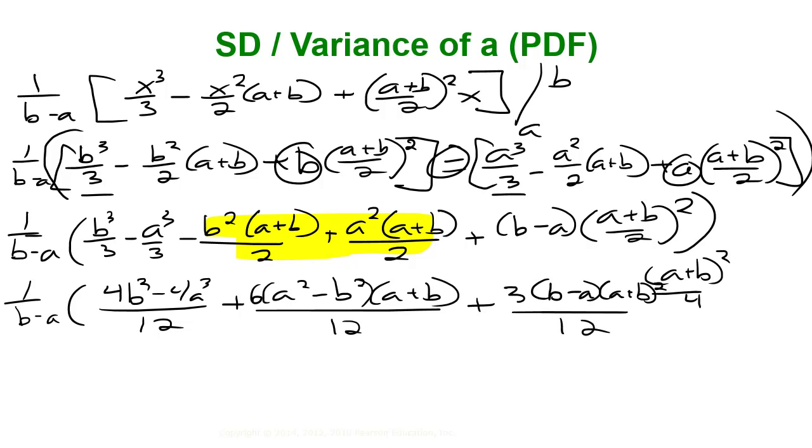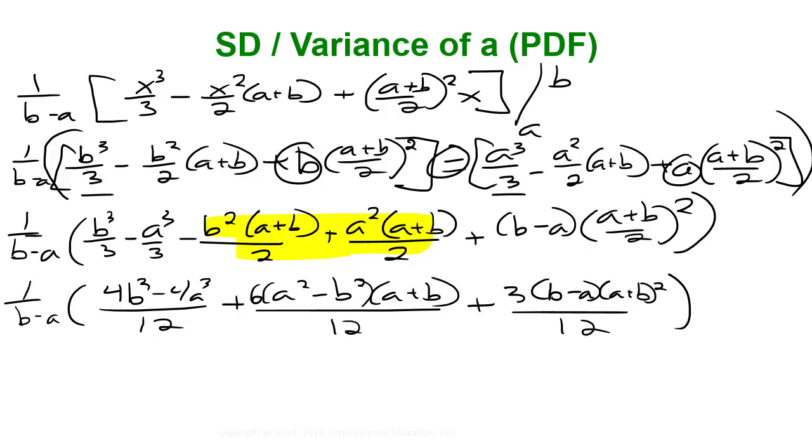I should have written this a little further over here so it wasn't in our way. But you get the idea. Okay? So there's that. Again, all we did is put everything over 12 so we can bring it all together and make it one big happy fraction.